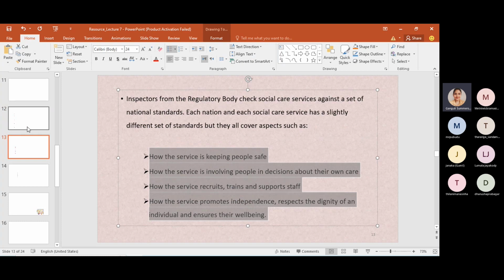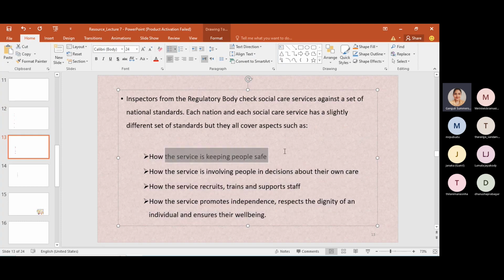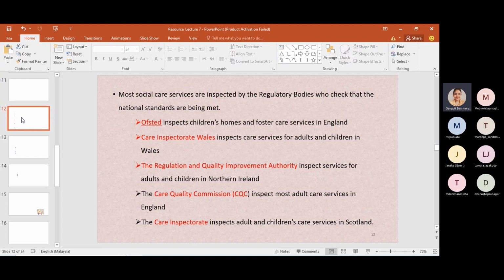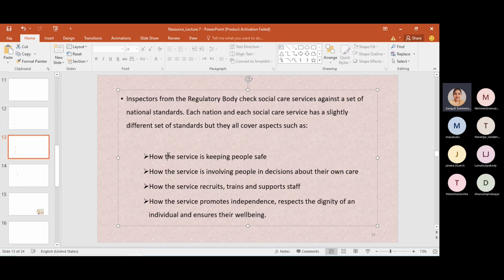These regulators will check how the service is keeping people safe. These regulators inspect certain professionals and certain companies, right? When they inspect professionals and companies, they will check how their services are keeping people safe. They will also see how the service is involving people in decisions about their own care.